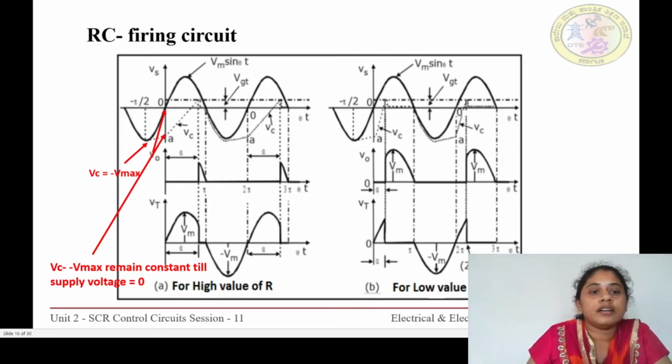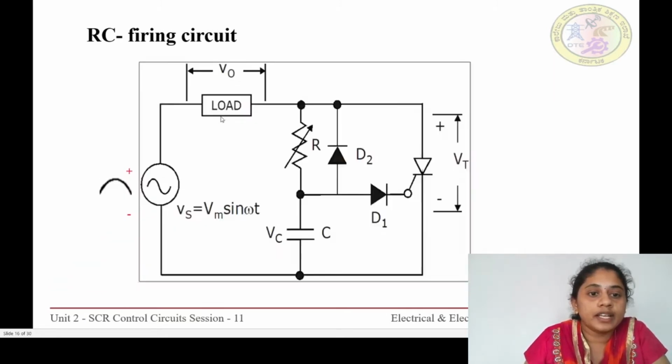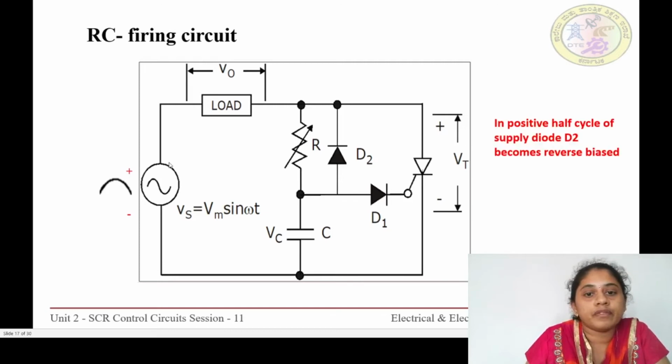Once the supply voltage comes to the forward positive half cycle, you can see here, what happens? Once the positive half cycle is across the source, the capacitor starts charging from the variable resistor. This is because with the positive half supply, the diode D2 becomes reverse biased.